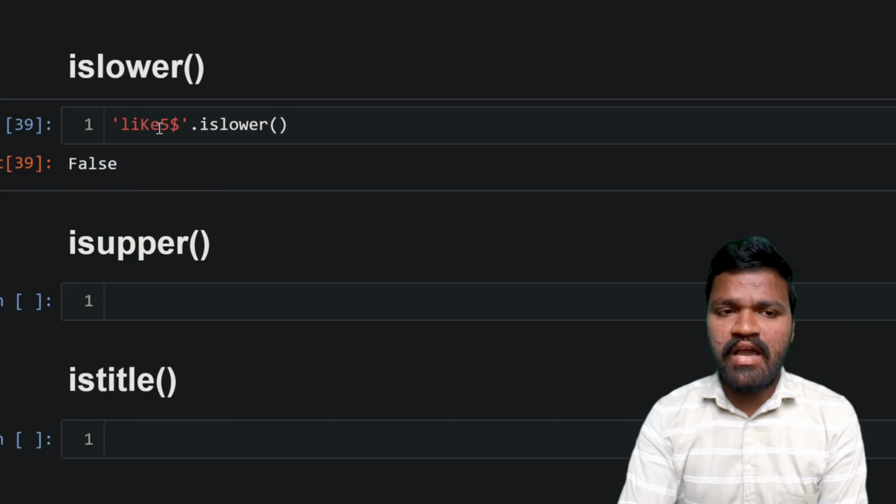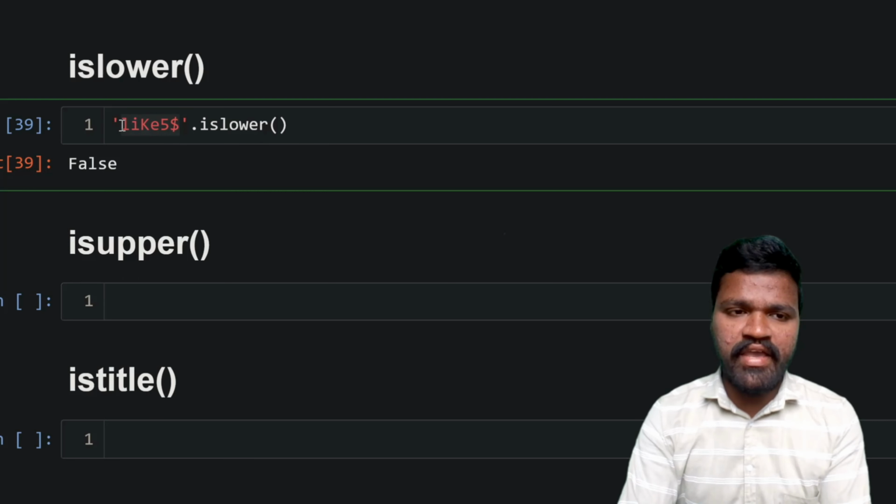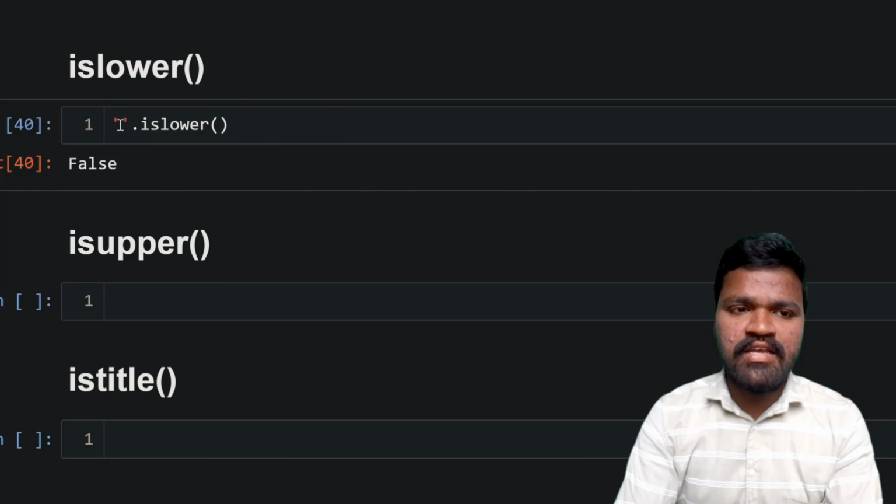Whenever all the alphabets in this string are in lowercase, in such a case only it will return true, or otherwise it will return false. And apart from that, if I have an empty string here, it will return false, because we don't have any alphabets. For that reason, it was returning the result which is false here.